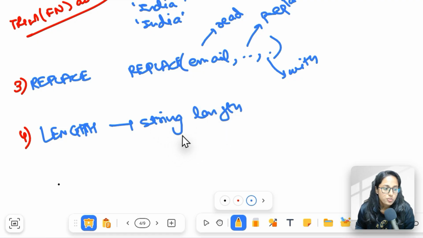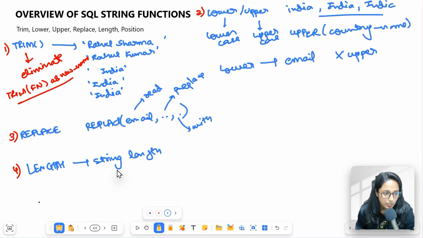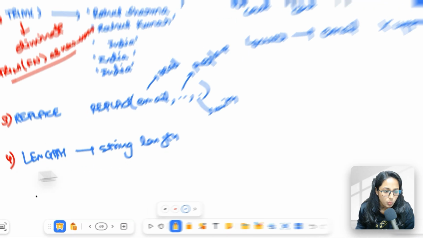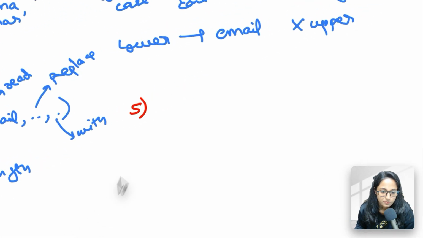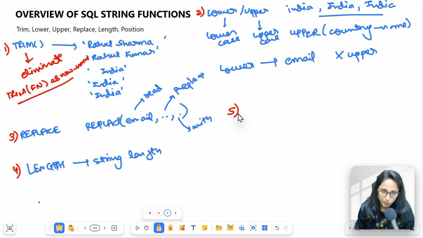If I want to check how many characters a name has or a country has, in such cases, we can use the length function here. And one more is there, which is called position. While writing the queries, we are going to use all of these methods, so you don't have to worry. We are just trying to get our fundamentals clear right now.